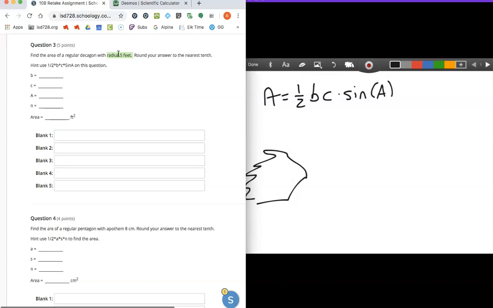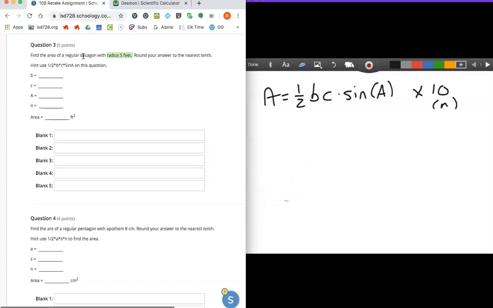If I know that the radius is 5 feet, that's this distance here. So if this is 5, this is 5. What I can do is get the area of just that triangle and then multiply by how many triangles there would be, which is 10 this time since it's a decagon. So I'm going to use this same formula and multiply it by 10 because that's how many sides there are. That's how many triangles there will be.